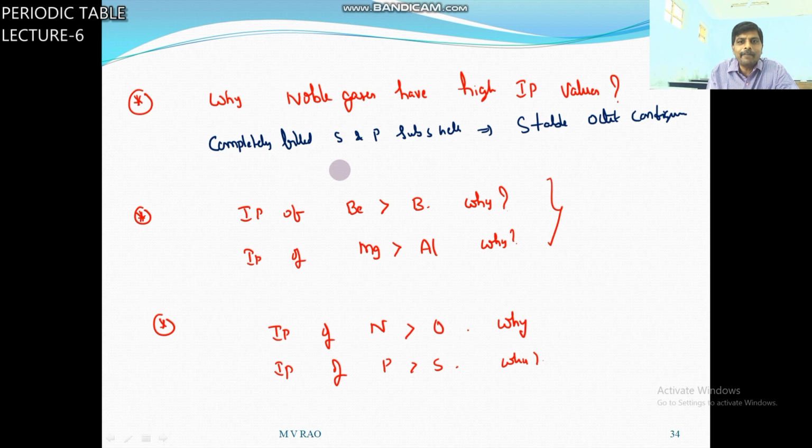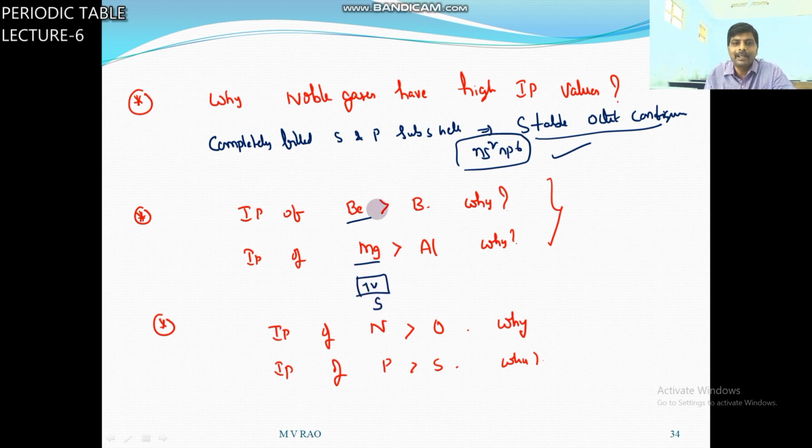They need more energy because of the stable octet configuration ns2np6. They are highly stable, so their IP values are more. Beryllium has a completely filled S subshell, but boron is neither completely filled nor half filled. So the IP of beryllium is greater than boron.